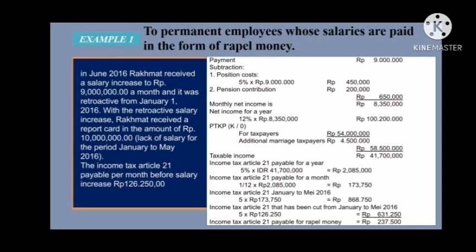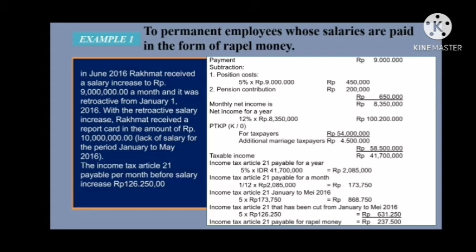In June 2016, Rahmat received a salary increase to 9 million rupiah a month, and it was retroactive from January 1, 2016. With the retroactive salary increase, Rahmat received rapel in the amount of 1 million rupiah, lack of salary for the period January to May 2016.